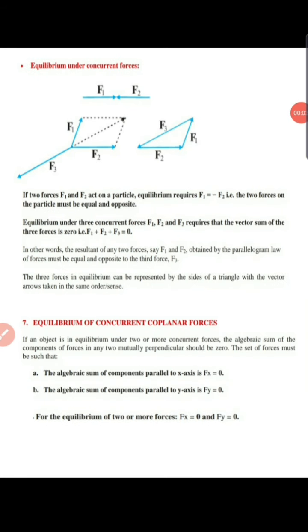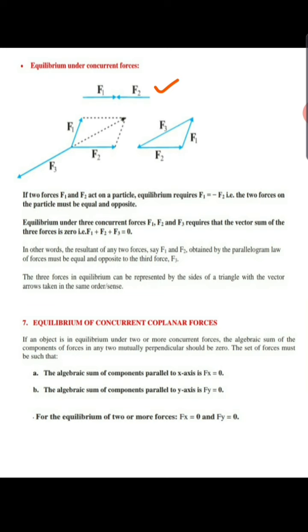Equilibrium under concurrent forces. First we consider a particle under the action of two forces F1 and F2. In that case, the particle is under the action of two forces, vector F1 and vector F2. Those two forces are concurrent forces.